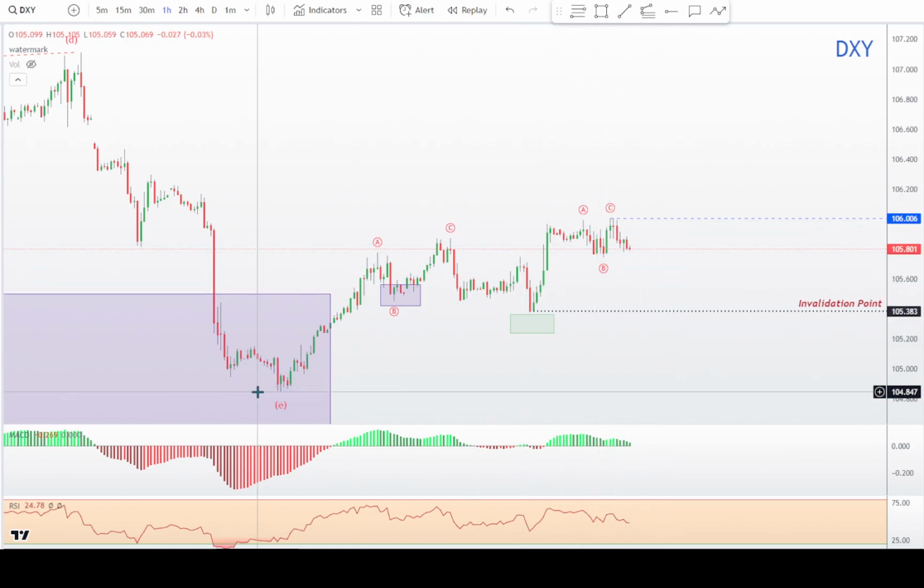It's got one more leg, and then this E will just be over here.